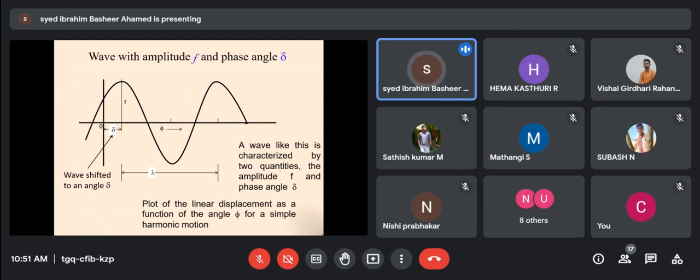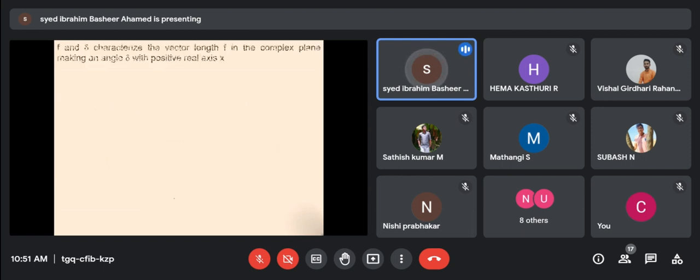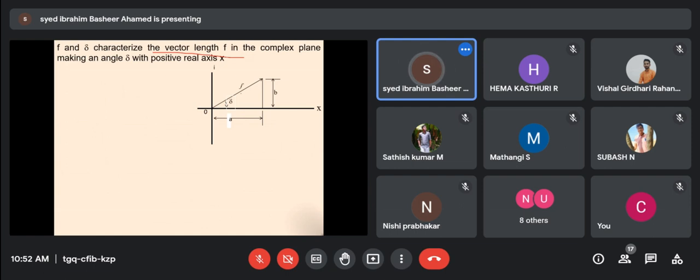A wave like this is characterized by two quantities: amplitude and phase angle delta. So this is the plot of linear displacement as a function of the angle phi for a simple harmonic motion. f and delta characterize the vector length f in the complex plane, making an angle delta with the positive real axis x.